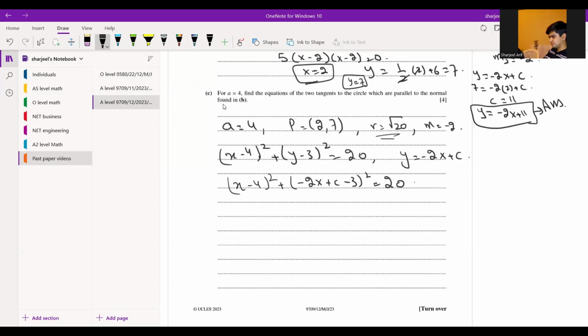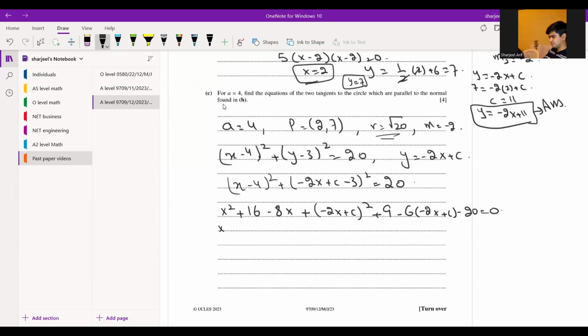So we will expand it to get x squared plus 16 minus 8x plus (-2x + c) whole squared plus 9 minus 6 into (-2x + c) minus 20 equals 0.